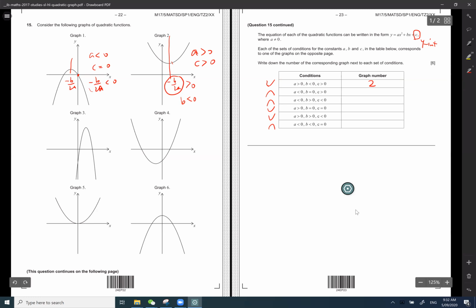So this part, you can say there's a negative, and the whole thing is negative. So b is negative. So a less than 0, b less than 0, but c equals 0.